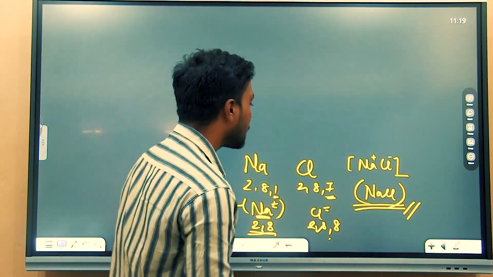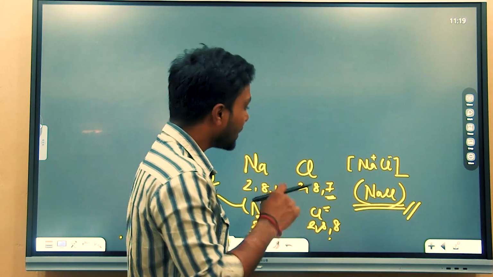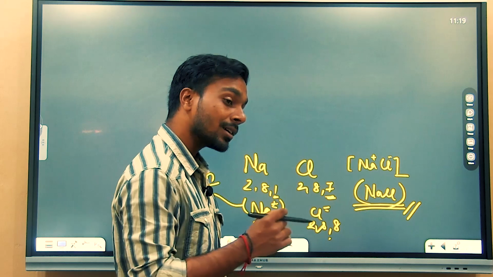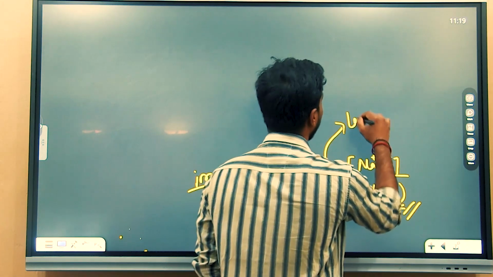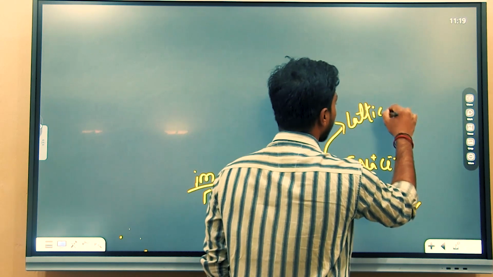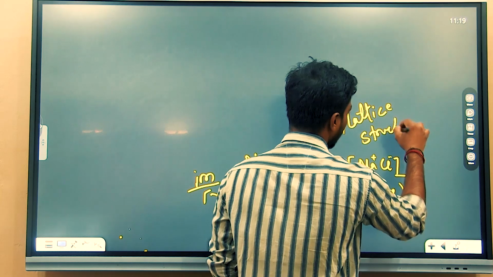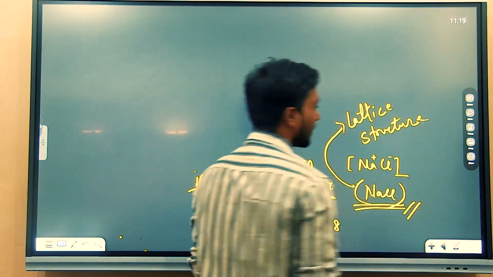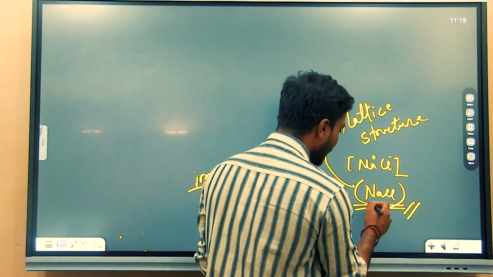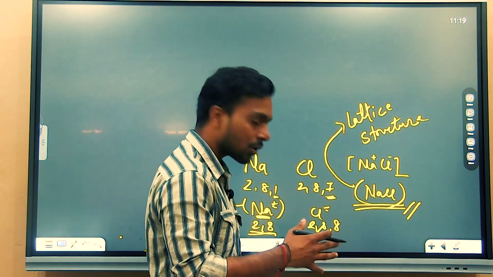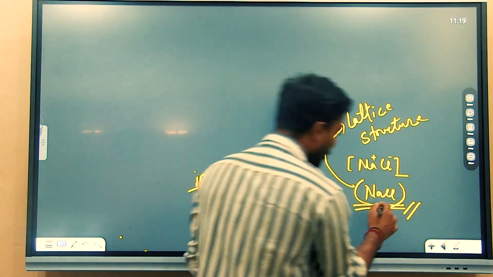But the problem is how we get to know that these compounds or elements consist of ionic or covalent character. It is because of their lattice structure.